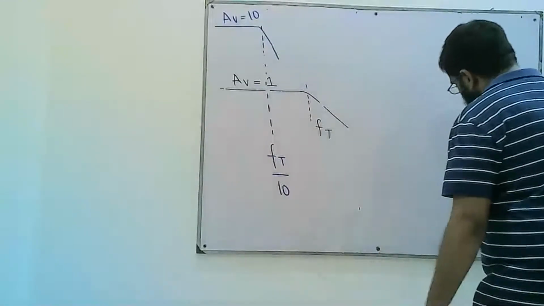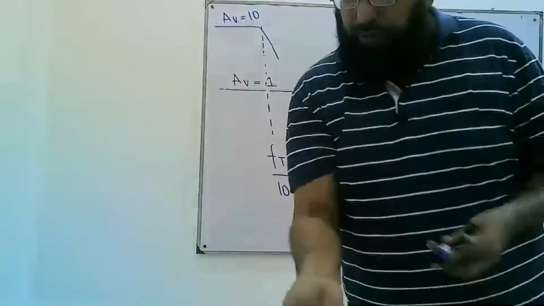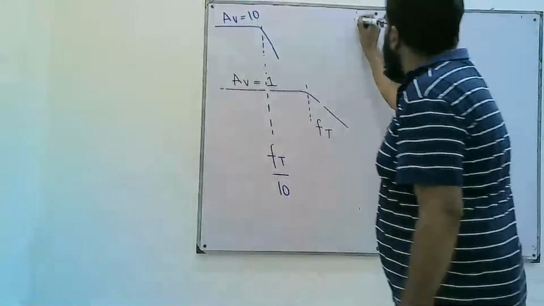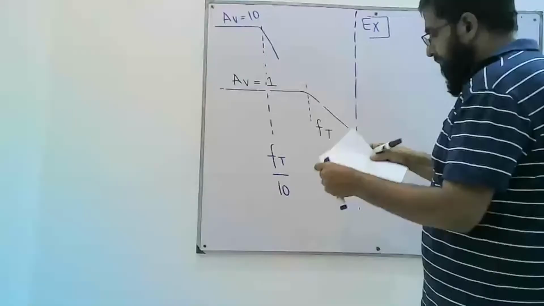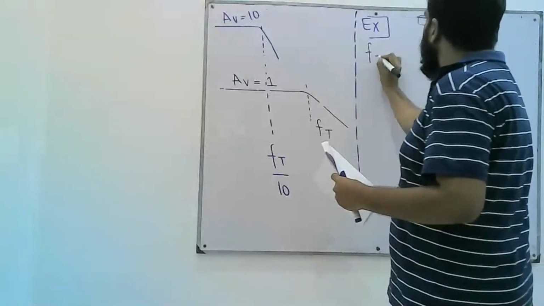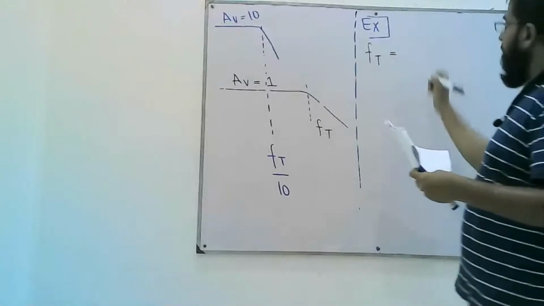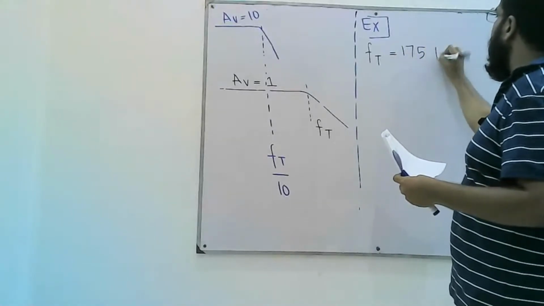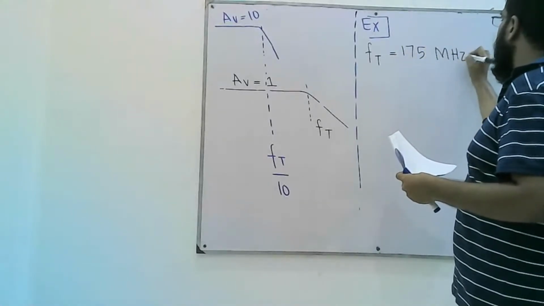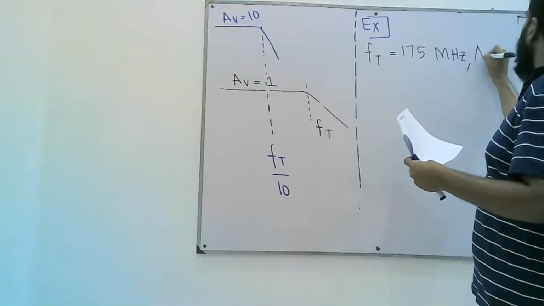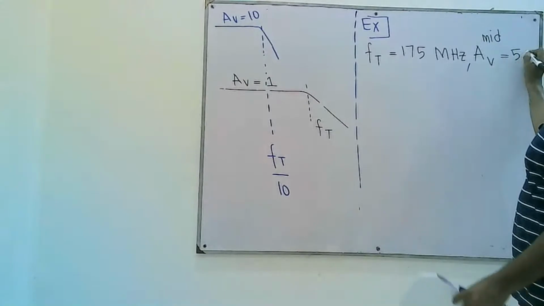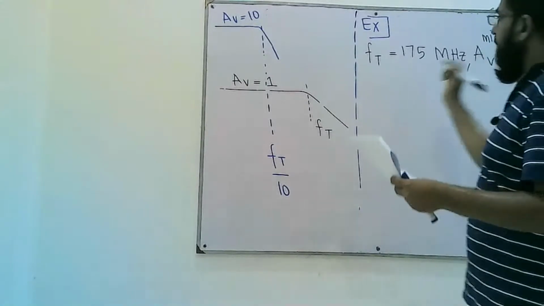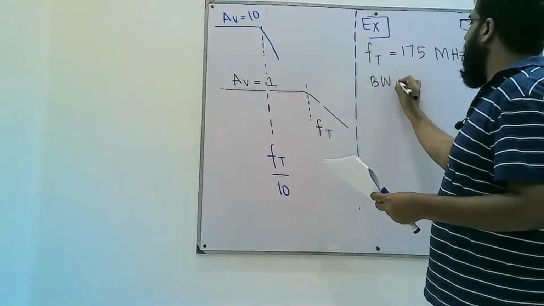Lastly, we will be solving an example regarding unity gain bandwidth. Ft is given to be 175 megahertz. AV during midband is 50. We have to find the bandwidth.